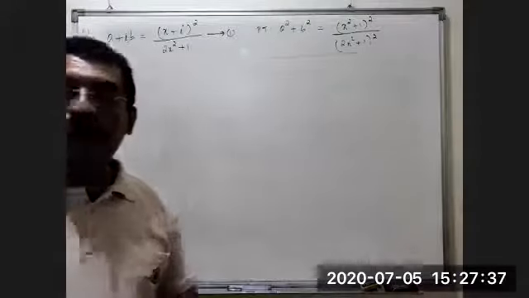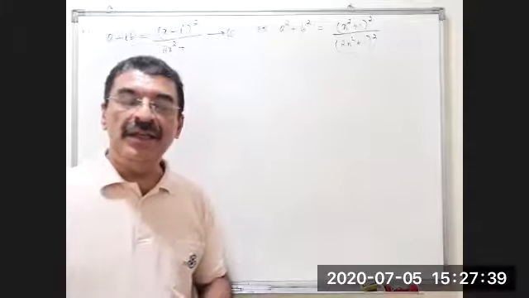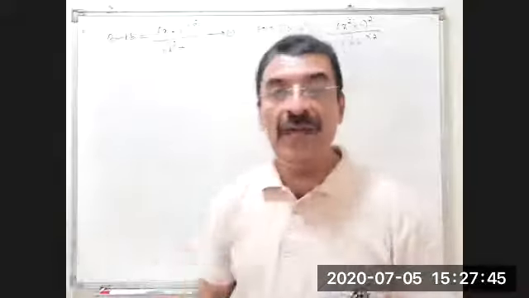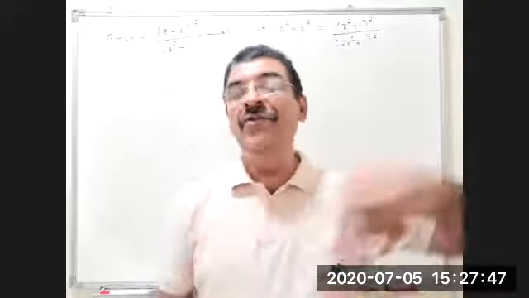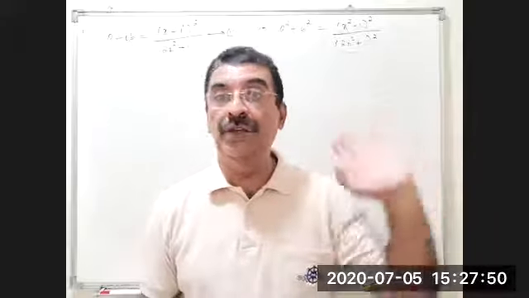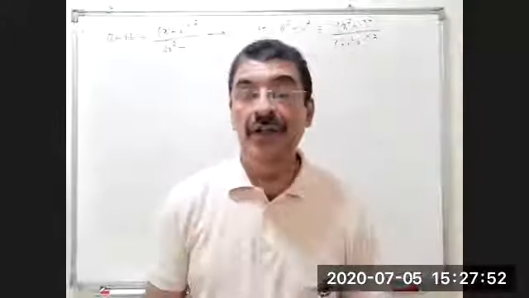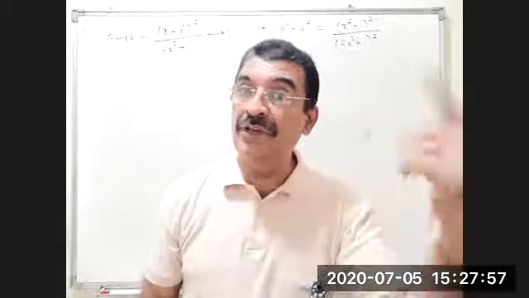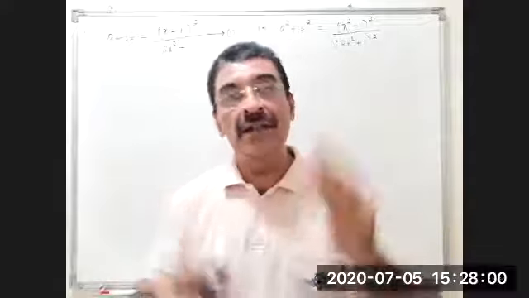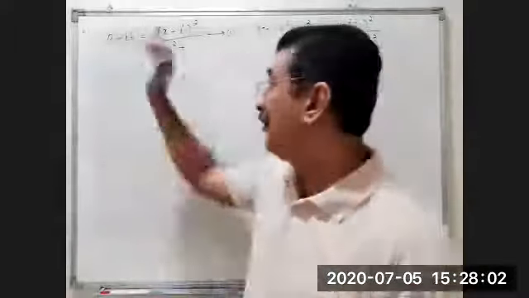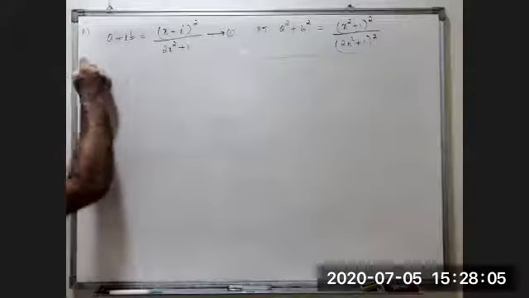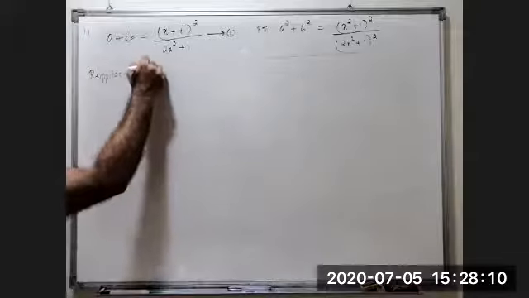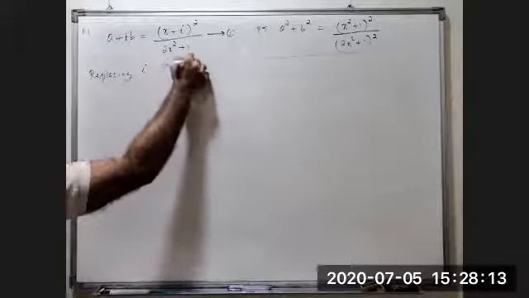See, this question also resembles the previous question. Same thing. Here also a + ib is given. We need to find a² + b². If x + iy is given, to find x² + y², replace i with −i, then multiply. Exactly the same thing. Proceed. Replacing i with −i.